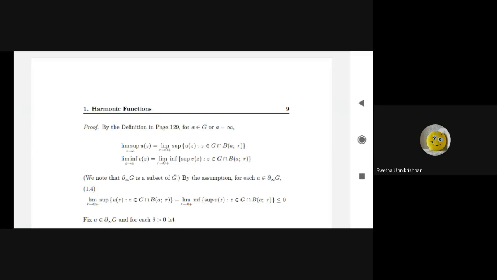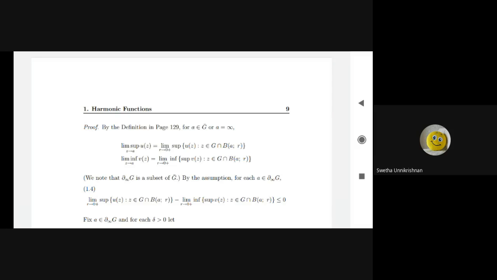And the limit inferior of v of z as z approaches a is equal to the limit r tends to 0 plus of the infimum of the set v of z such that z belongs to G intersection B of a, r. Here there is a mistake: I said a supremum of v of z, but there is no need for the supremum. The definition is the limit r tends to 0 plus of the infimum of v of z where z belongs to G intersection B of a, r.